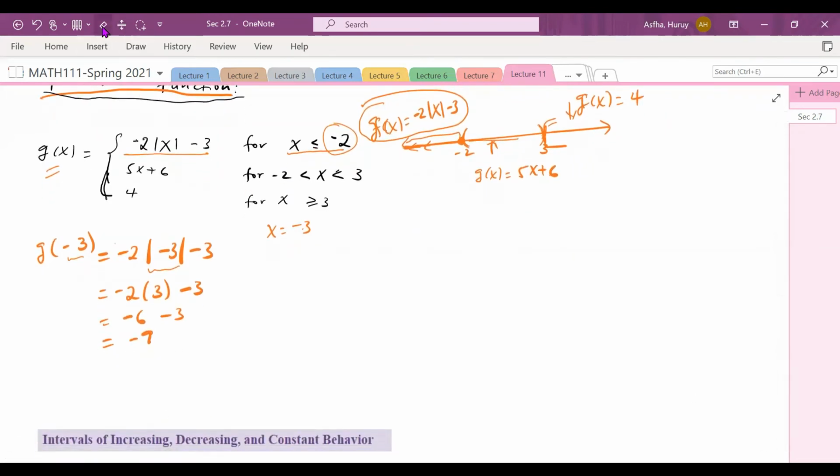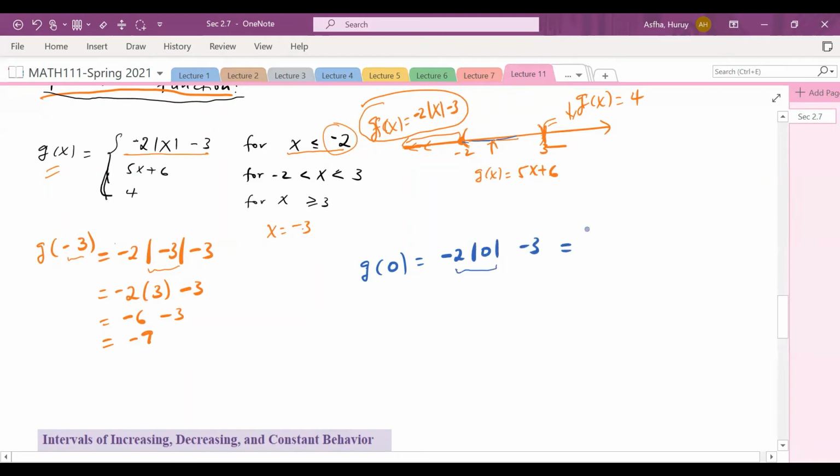And how about g of, let's say, 0? Again, 0 falls in the second interval. Therefore, I take the second rule. So g of 0 is negative 2, 0, negative 3.